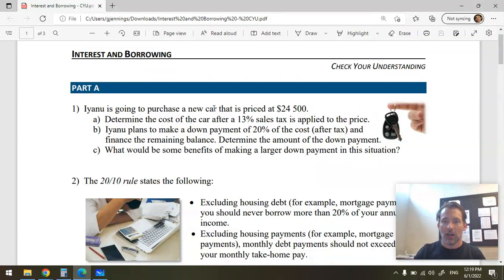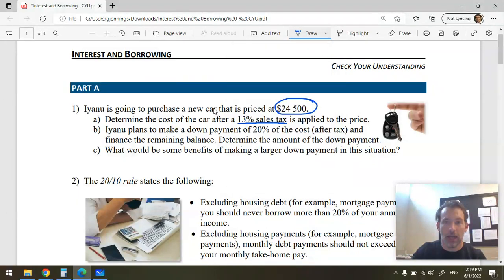In any case, our first question doesn't really connect with compound interest, but it does connect with applying percentages to numbers. Here we have the price of a car, $24,500, and we're going to add 13% sales tax.